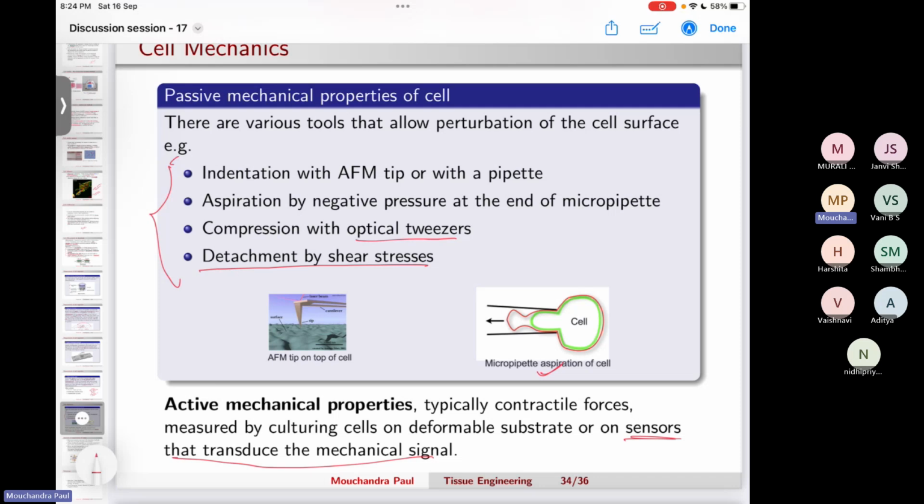Directly, you are getting the information from the cell, but in the passive way, indirectly, like through an AFM tip or through pipette tips or through tweezers, you are applying some forces, and depending on how much force you are compressing, or depending on how much flow rate of the fluid is flowing, you are going to say that this much strength is how strongly your cells have adhered to the surface.